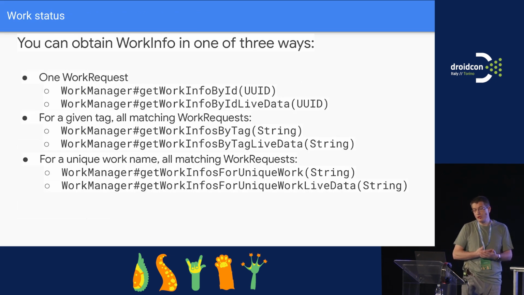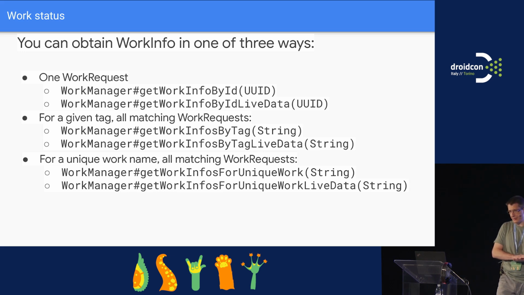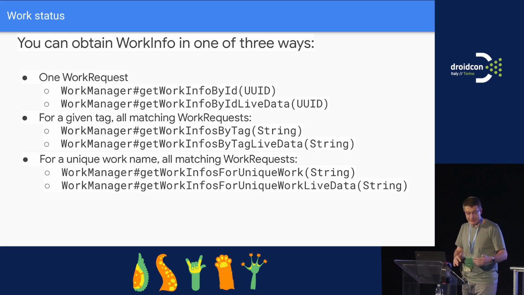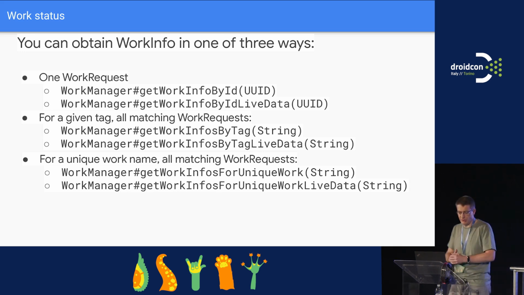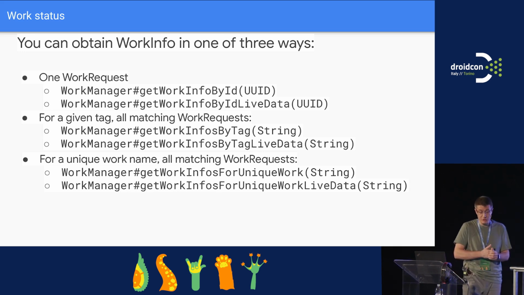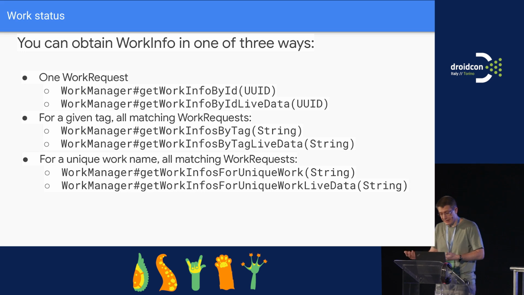We want to know what is happening to our worker, and we have three different ways to do this. One is to get the unique ID of the work request that we are interested in. In this case, we call getWorkInfoById, and we get the current status, or we can get an observable using LiveData with getWorkInfoByIdLiveData.